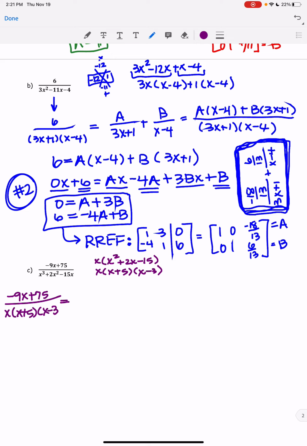Now this time, because I have 1, 2, 3 multiples, I have an A, B, and C that I have to solve for. This is going to be like your 5th problem in your assignment. It doesn't matter what I have here. It becomes A over x plus B over x plus 5 plus C over x minus 3.